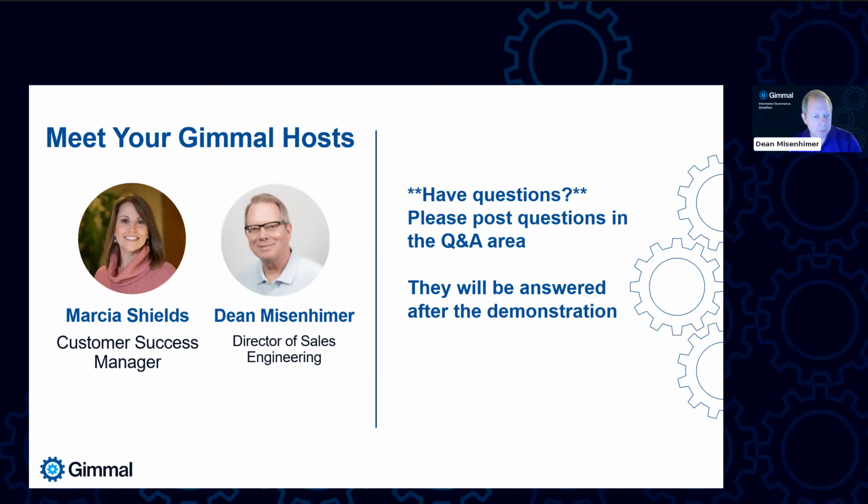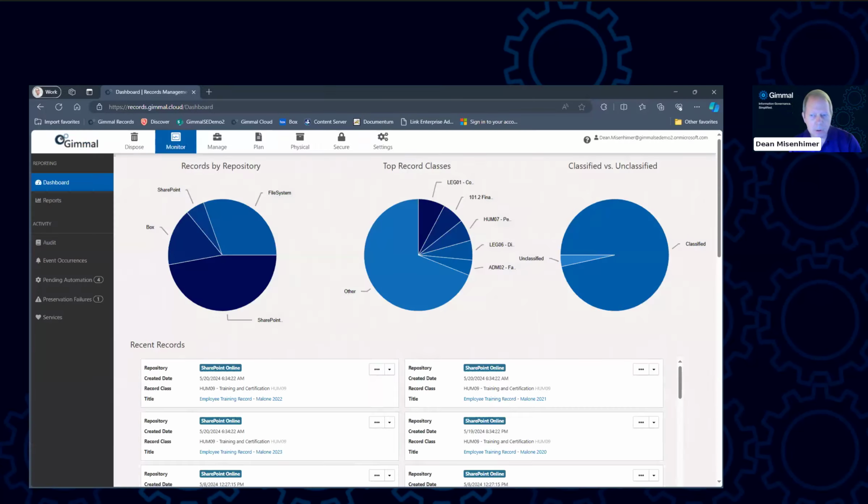Okay. Thank you, Marcia. Let me get my browser window open here. So as Marcia said, today we're going to walk you through how to set up approvals in Gimmal Records. We're not talking about setting it up in the life cycle where there's the approval checkbox.